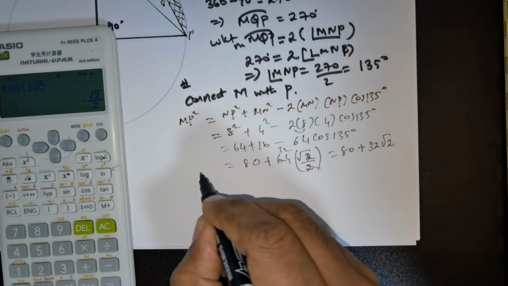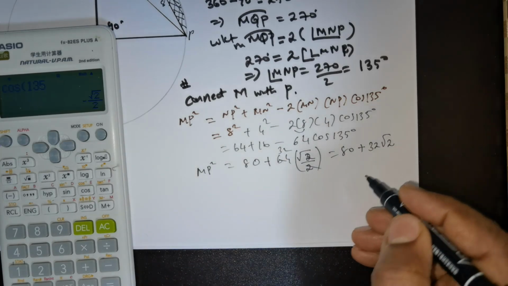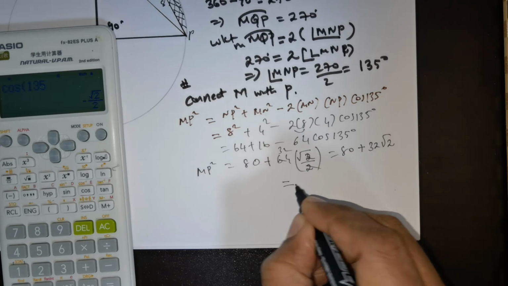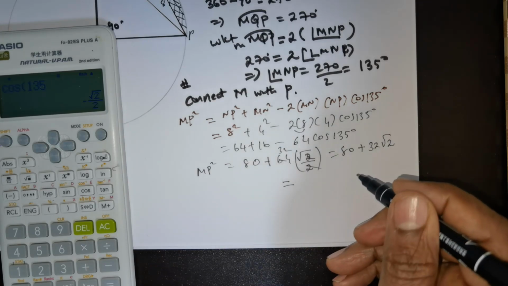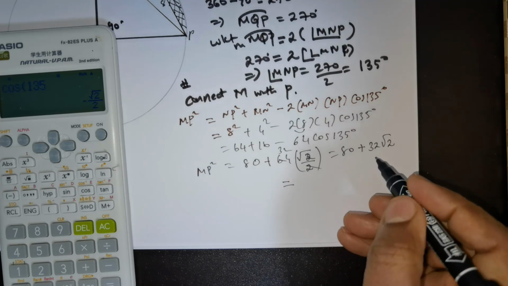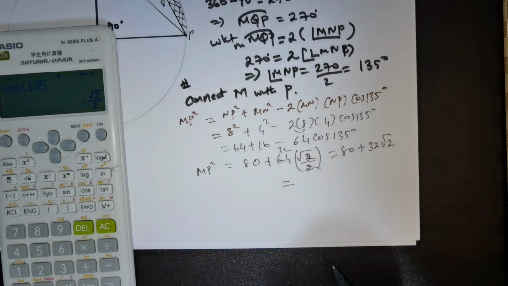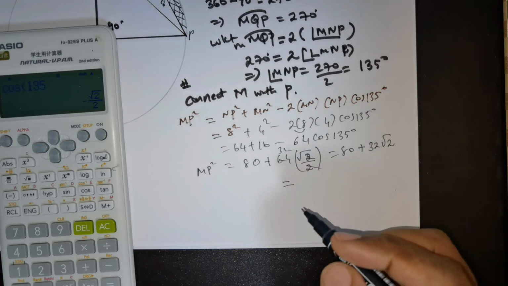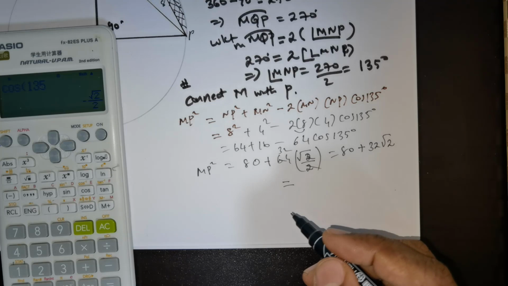Now we need to get MP. So MP will be the square root of this entire thing. So we will have to encounter fractional quantity. There is no other way. We will have to deal with the fractions. So I was thinking of getting rid of the fractions, but apparently it doesn't seem possible.